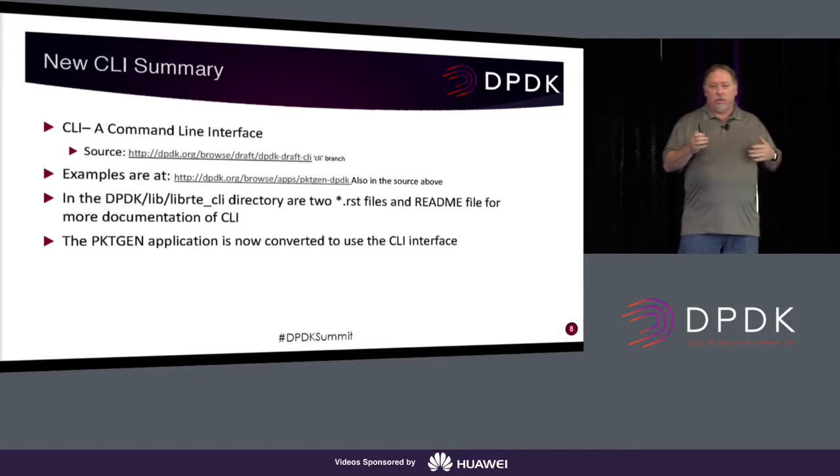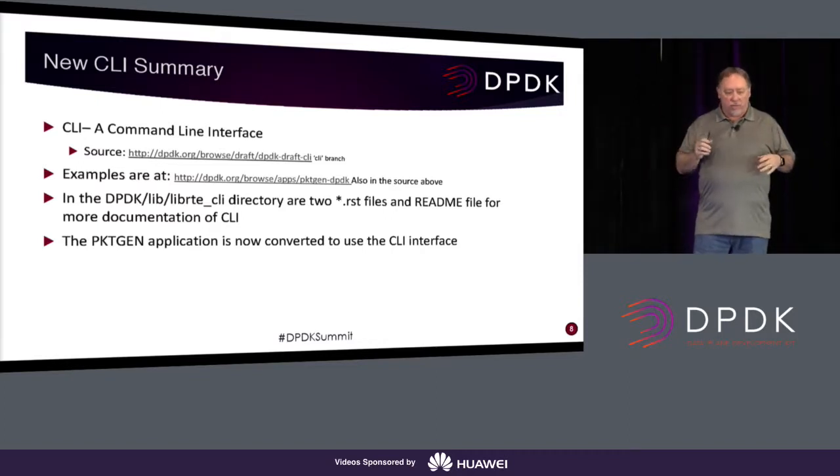Now, I'm kind of rushing through this a little bit to try to get to a little demo I have, and I may have quite a bit of time left over, I don't know, but we can at least answer questions. So the command line is up on dpdk.org. It's pushing its own draft repository right now. You can pull it down and play with it, look at it, do whatever you want with it. It's specifically built for DPDK.